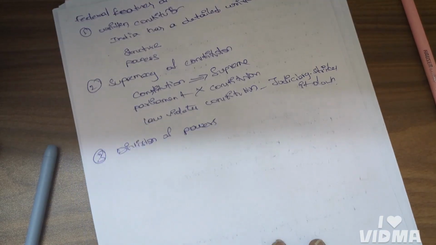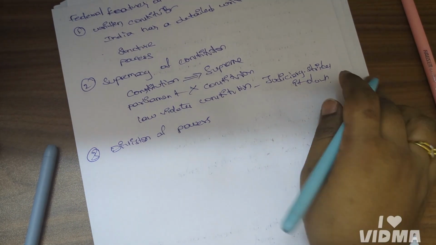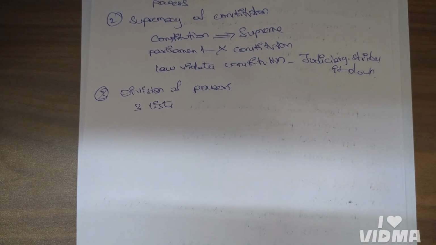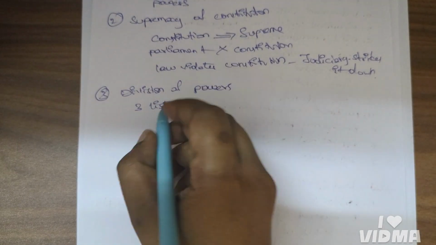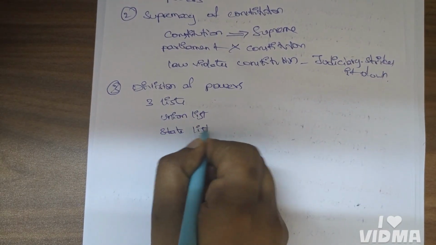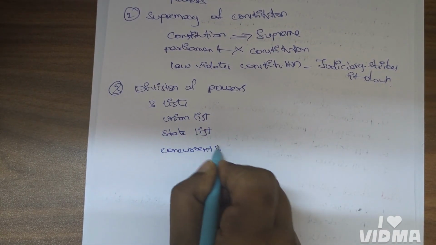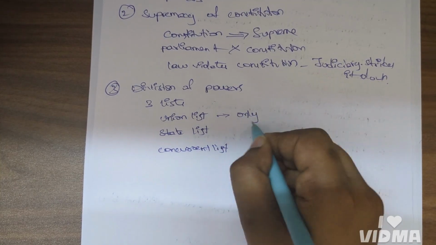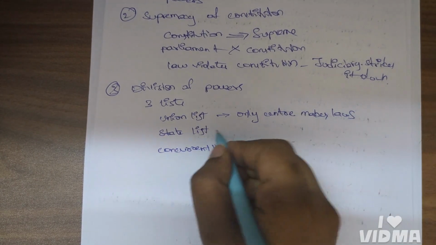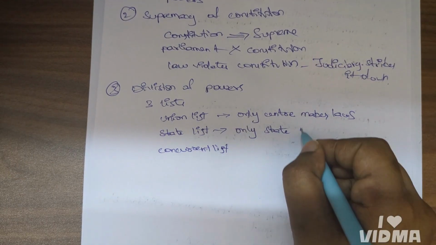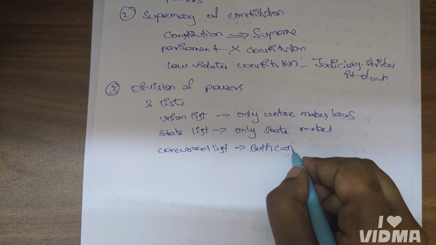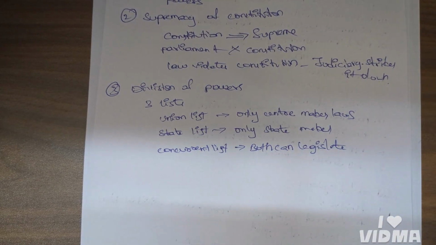This is the core federal feature. The constitution divides powers into three lists: union list, state list, and concurrent list. In the union list only the center makes laws, like defense, foreign affairs. In the state list, the state makes laws like police, public order, etc. In the concurrent list, both center and state can legislate.